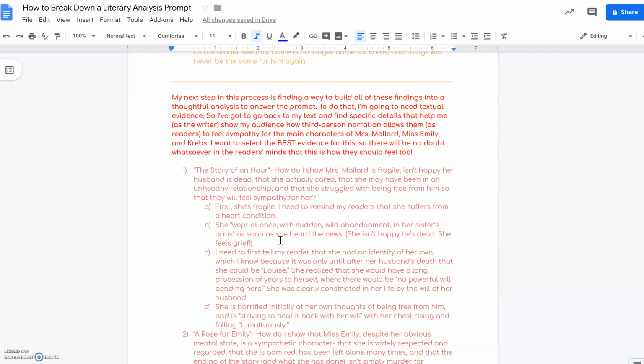So in order to do that, I have to have specific, hardcore textual evidence. I've got to go back to my text. I've got to find these details that help me, as the writer, show my audience how third-person narration allows them, the reader, to feel sympathy for these main characters.